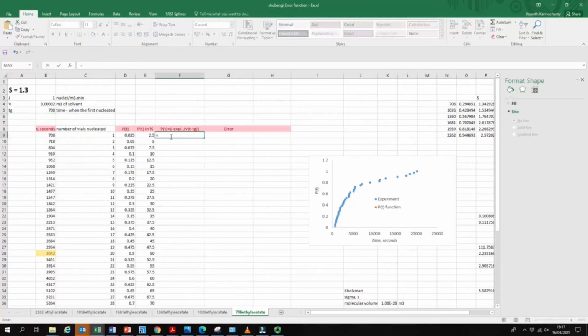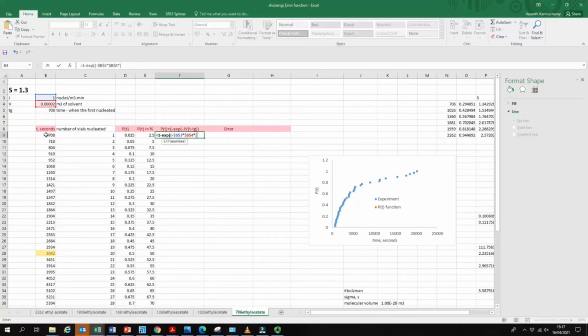This will be equal to 1 minus exponential of minus J value. If you put the dollar symbol, then when you drag this value everywhere, it will be the same J value. So you have to use the dollar symbol, J multiplied by your volume, again with the dollar symbol, and then multiplied by time.